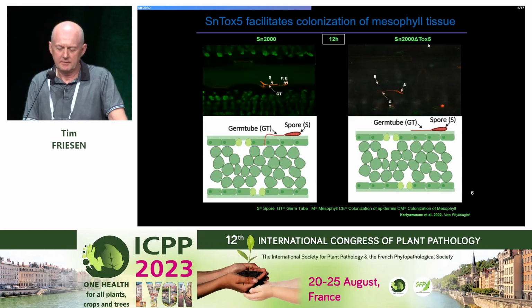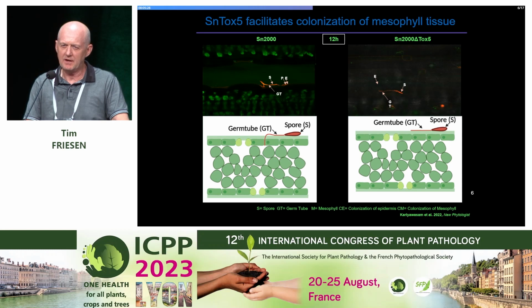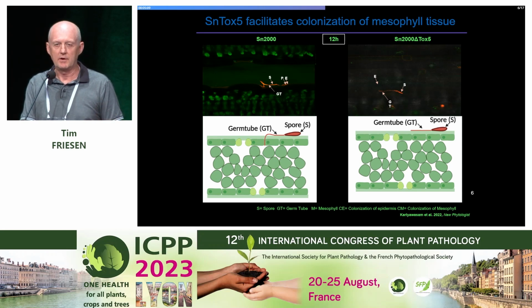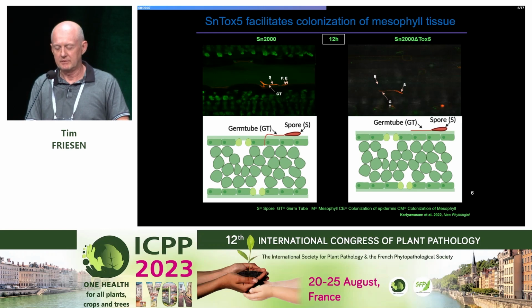The next thing we wanted to look at is what TOX5 is doing, and potentially what it is doing in addition to its induction of programmed cell death. We know that when we infiltrate it, we get programmed cell death, but we also have some evidence that other necrotrophic effectors like TOX1 and TOX3 have secondary functions, or potentially even primary functions, alternate functions, other than just the induction of PCD.